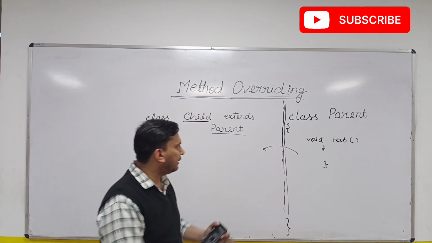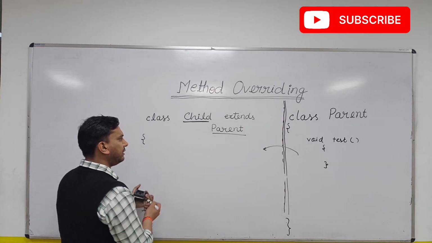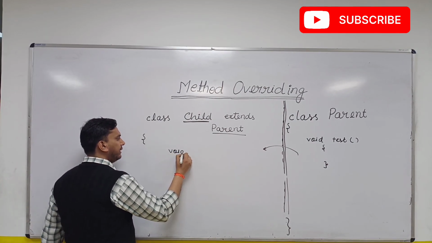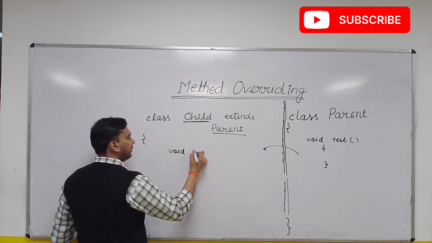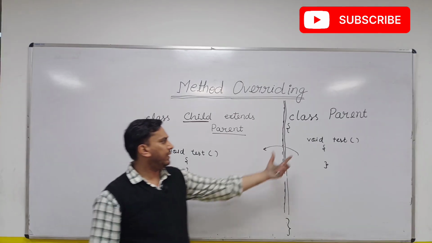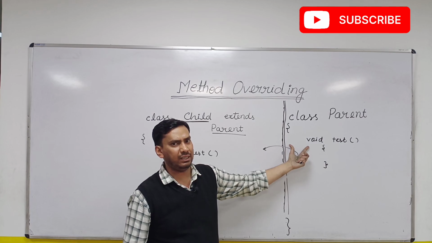What I mean to say is, let's say I am inheriting this parent class and overriding this test method. I am writing void test as it is. So what is the access modifier here? No access modifier, which means the accessibility level is within the package.